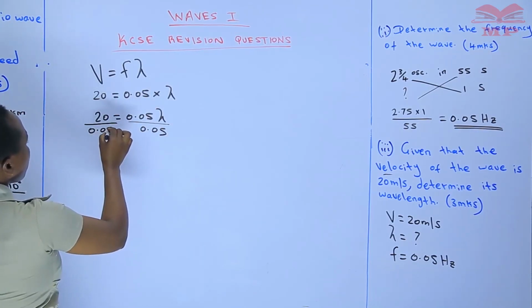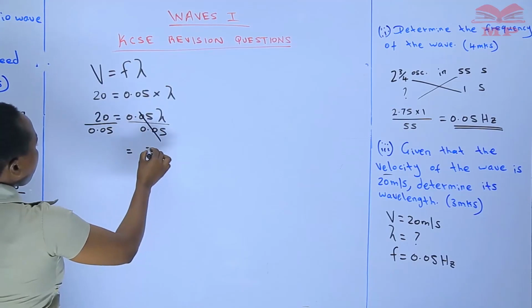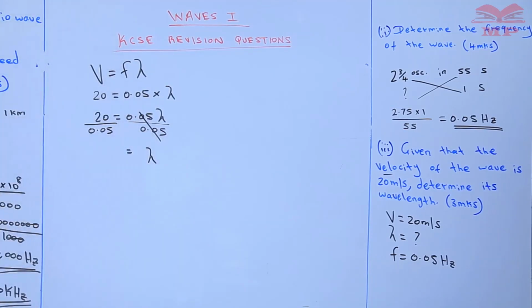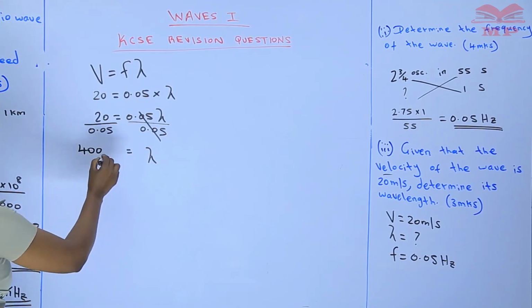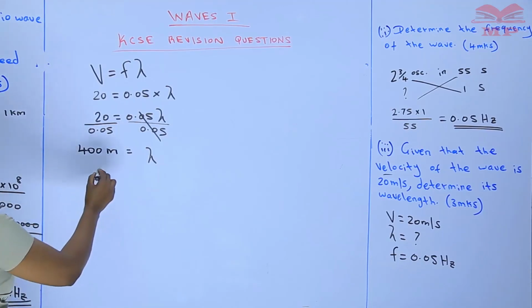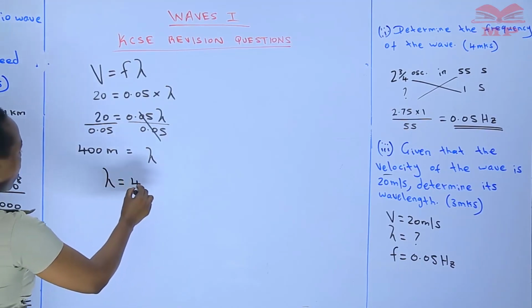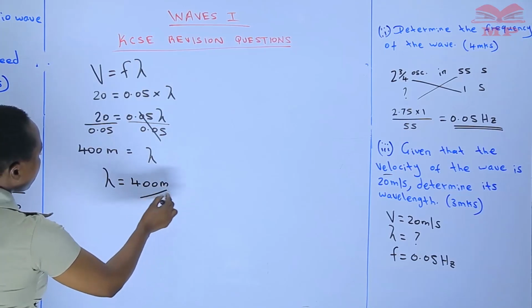So we end up getting our wavelength to be 20 divided by 0.05, which is the same as 2000 over 5, which is 400 meters. So our wavelength therefore is 400 meters.